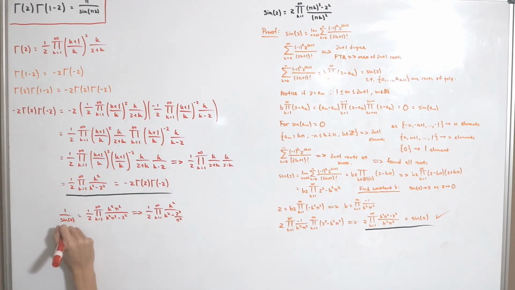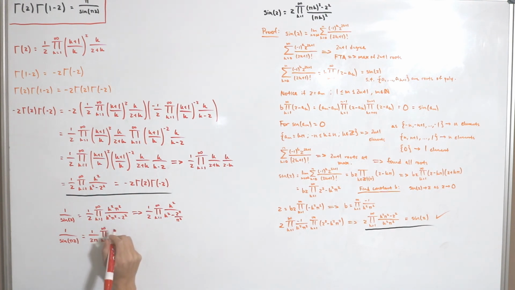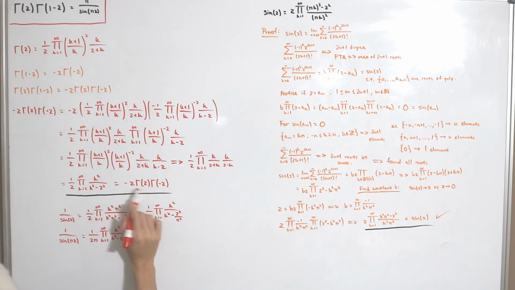When we rewrite this, our new input would be pi times z. So we get this format here. Then you see that this is equivalent to 1 over z times pi, multiplied by our product, k equals 1, of k squared divided by k squared minus z squared. But if you notice, we just showed that 1 over z multiplied by this product is equal to negative z times gamma of z multiplied by gamma of negative z.